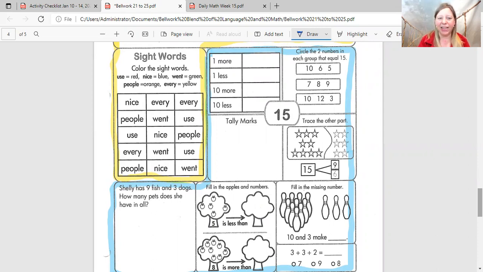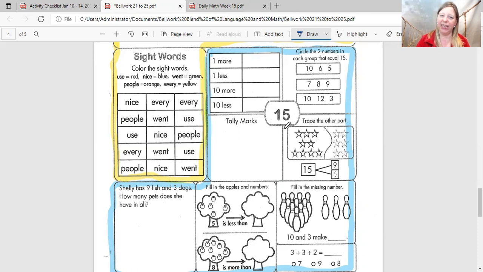Okay, let's begin in this top section where all four of these squares, these four activities, have a center number, and that's 15. You need to use number 15 to complete each of those four connecting activities.